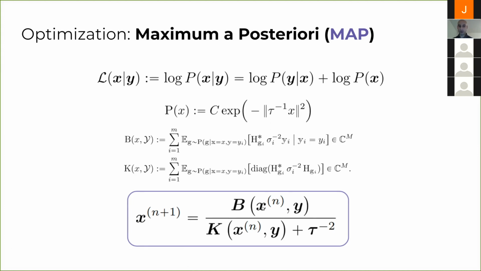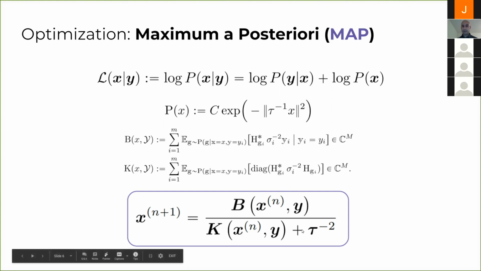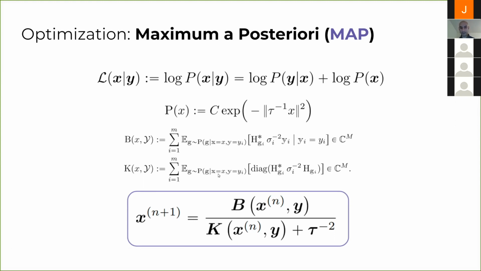So if you take the current x for iteration n, and you plug it into B, and you plug that also into K, through the expectation maximization algorithm it boils down to basically this update formula. It's a very compact representation, but it shows how all of this math can be simplified to something that looks so simple.